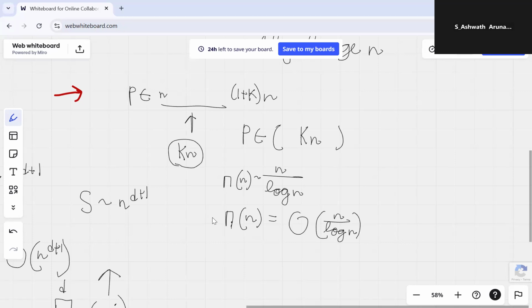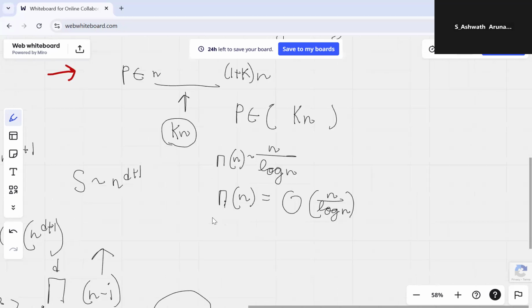I think I have an idea. So basically, as you keep on increasing to (1 plus k) times n, when you graph it, pi of n is continuously increasing, it has to be increasing. So if there were no such elements in between, then you would get a straight line, I mean a horizontal line, right?